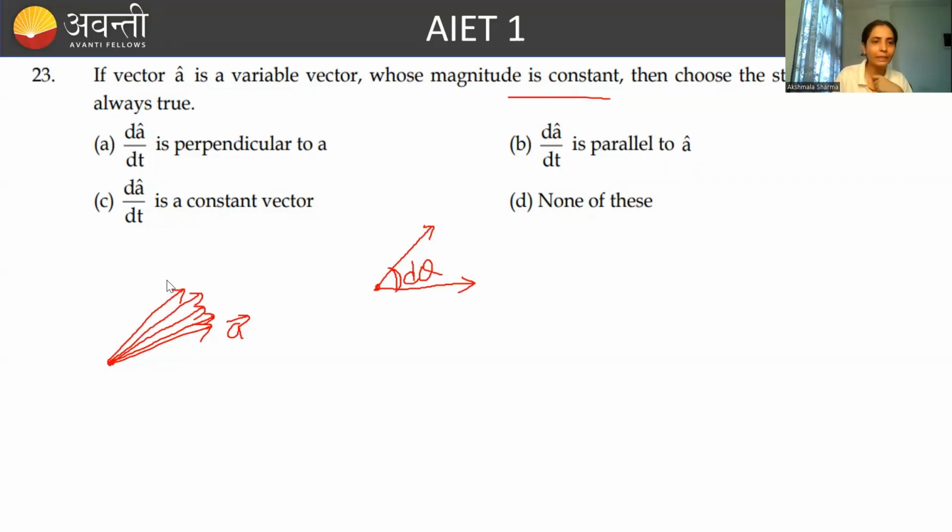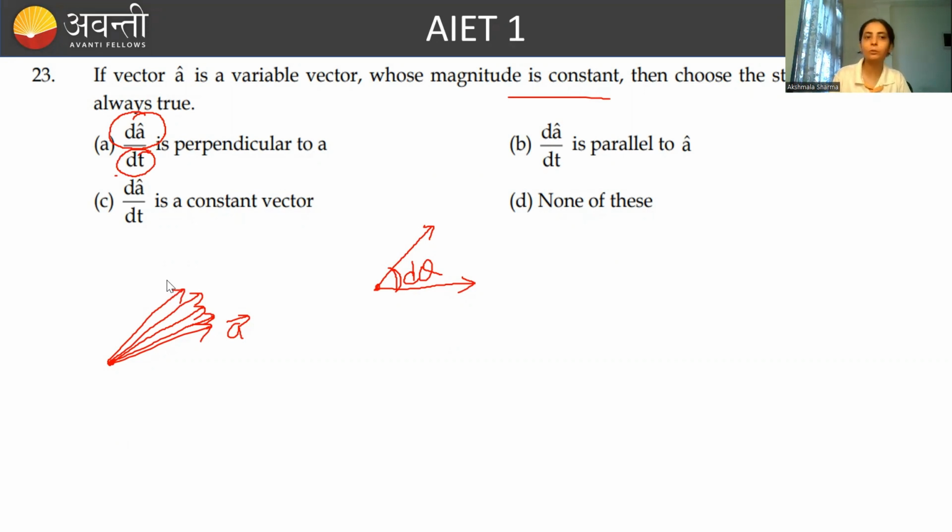And here what we need to calculate, it is given that dA by dt is perpendicular to A, parallel, or constant vector, like that. Done. So we basically need to see whether dA, the change in vector, is perpendicular or parallel to A or is a constant. Because anything, if change is divided by some constant, that is not going to affect the direction of the vector.